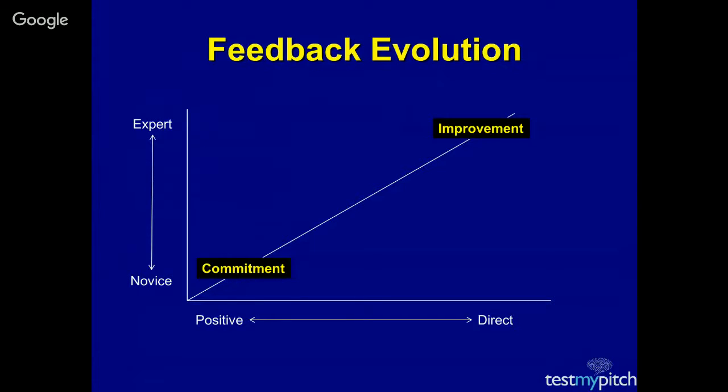When we look at this chart or grid, the goal is to evaluate our feedback so that it's congruent with our event purpose and the stage of our ventures.